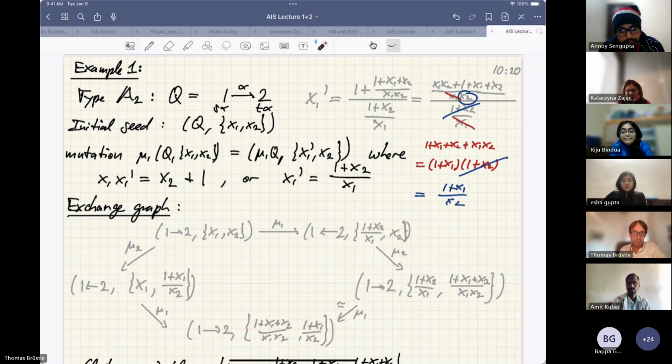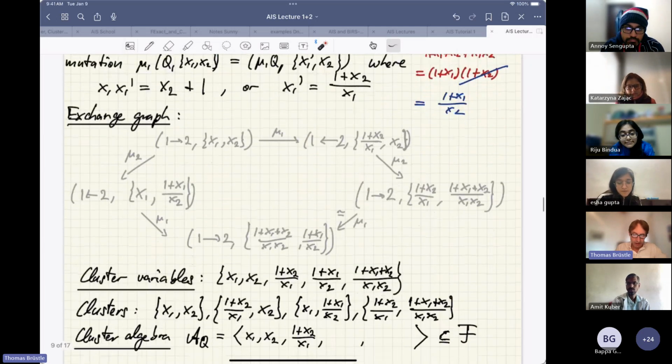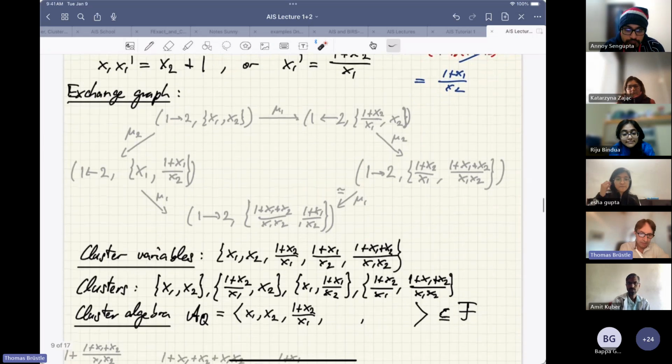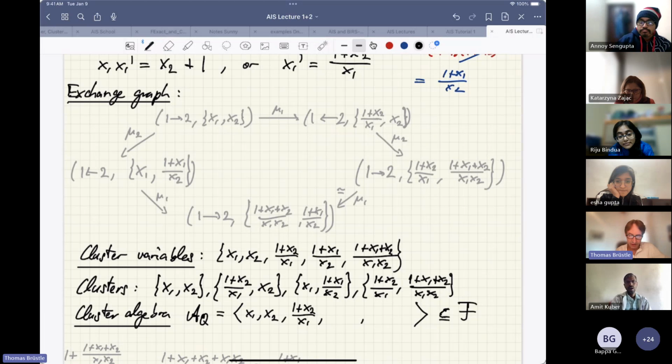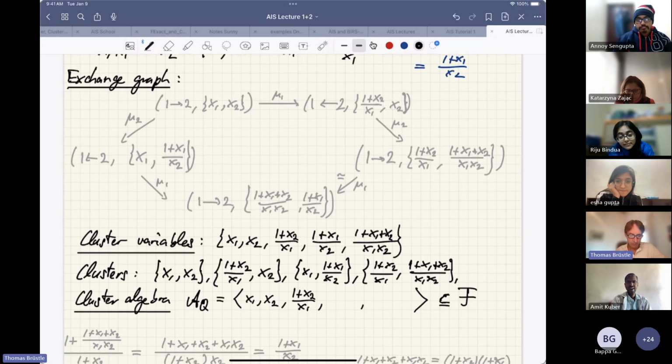Okay, so we saw a couple of important things that I would like to summarize in a theorem here. We have all cluster variables. We have 5 cluster variables. We have 5 clusters. I forgot 1, 2, 3, 4. I'm missing one cluster: 1 plus x1 over x2, and that complicated one, 1 plus x1 plus x2 over x1, x2.